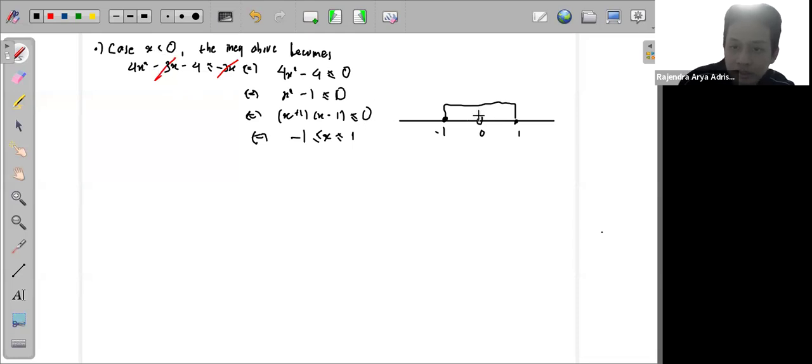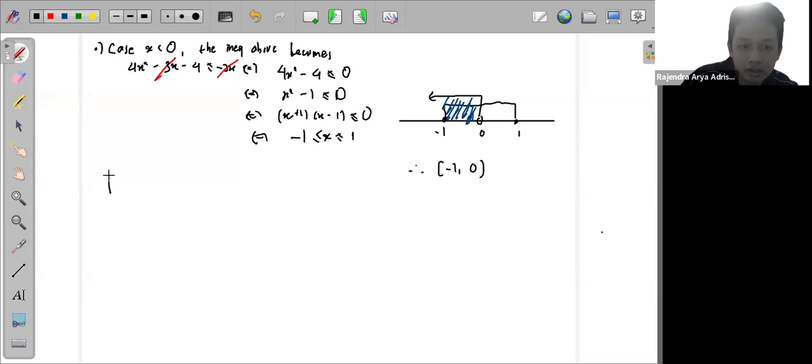It's not equal to 0. And it goes over here. So the region where both conditions are met is this, the blue one there. So the solution for this case is, we write it as this bracket.